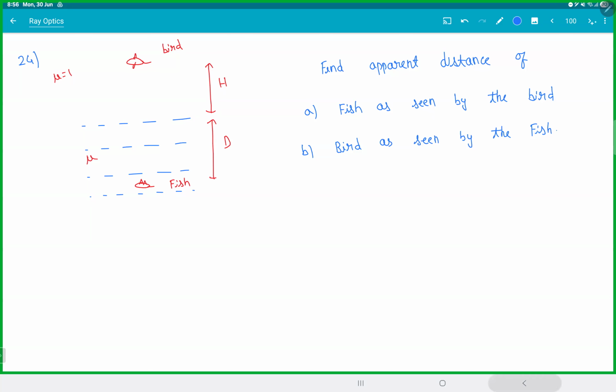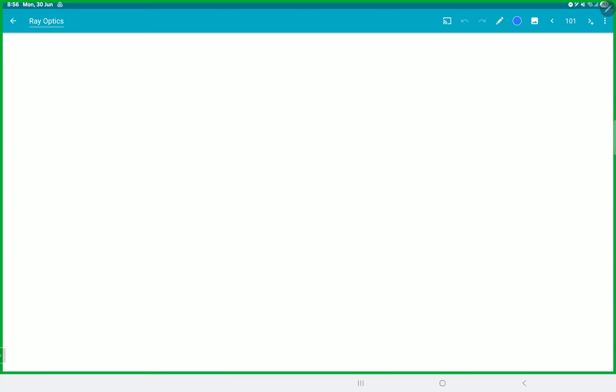Now see, I'll help you out a little. When you do these kinds of questions, like I said, you can't directly use the formula. The formula is only valid for the interface. So listen carefully. The first thing is fish as seen by the bird. So the fish is the object, this guy is the observer.